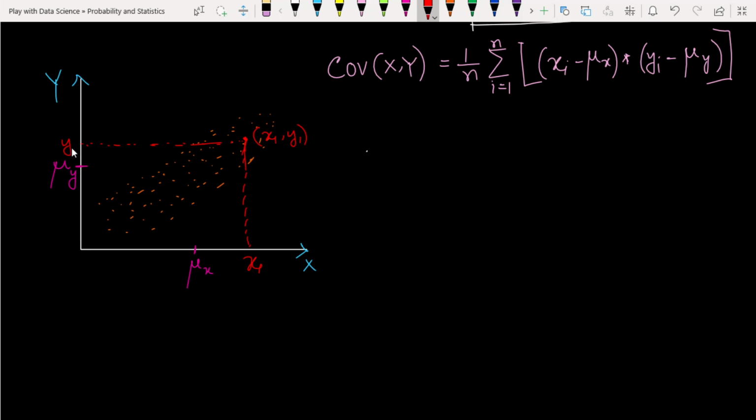Now x1 and y1 are both larger than our means mu x and mu y respectively. So if we calculate for x1 and y1, first we have to compute xi minus mu x, then yi minus mu of y.